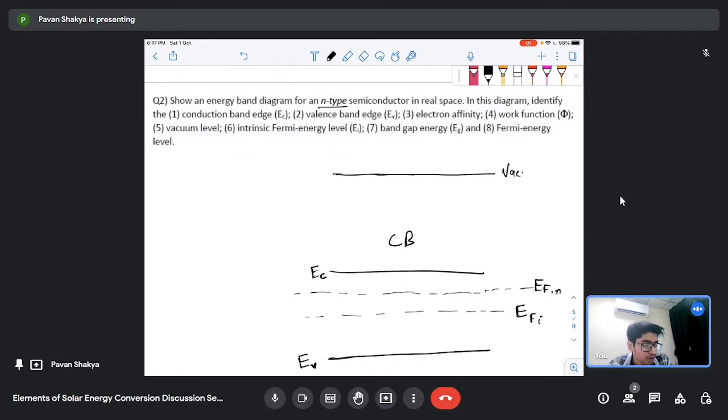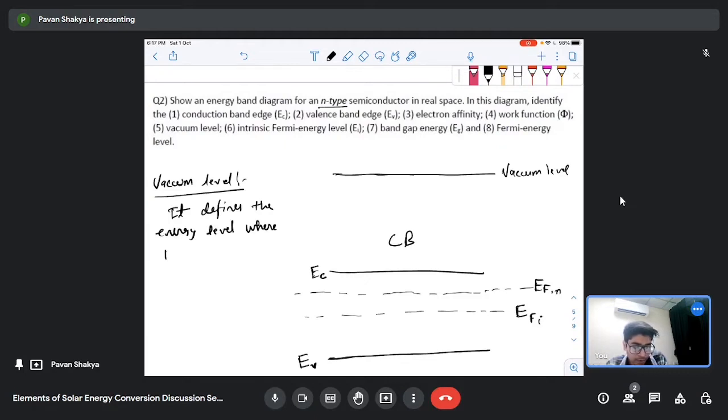So this one is the vacuum level, and it defines the energy level where the electron is just free from the solid.